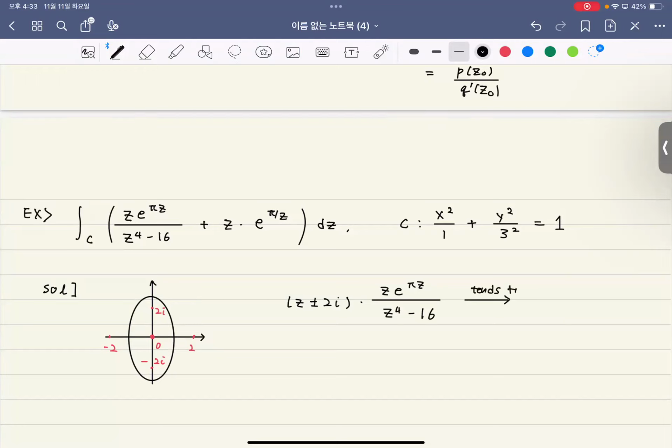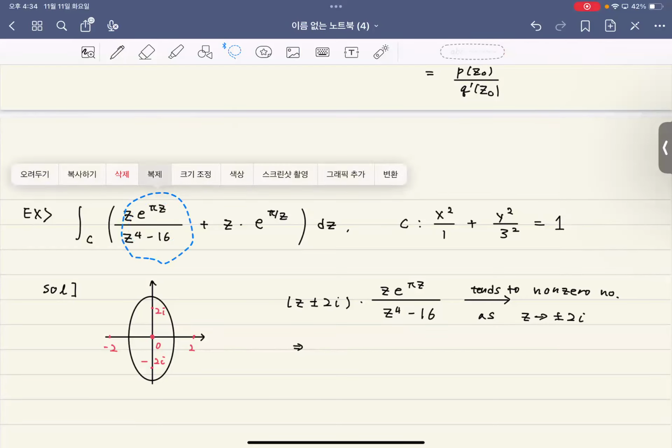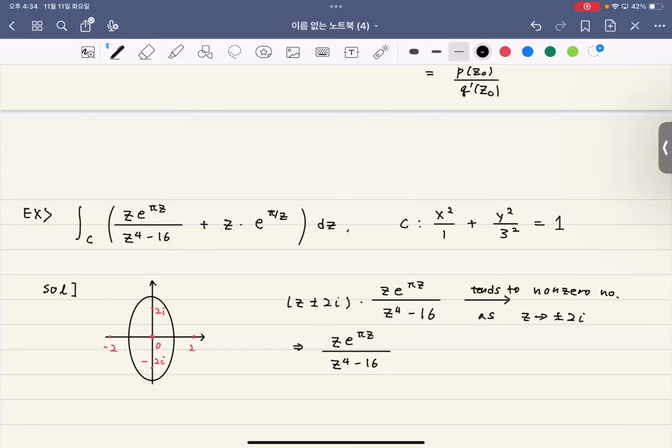This tends to a non-zero number. So this implies this function has simple poles at plus or minus 2 times i.